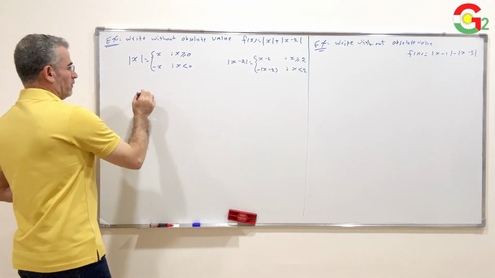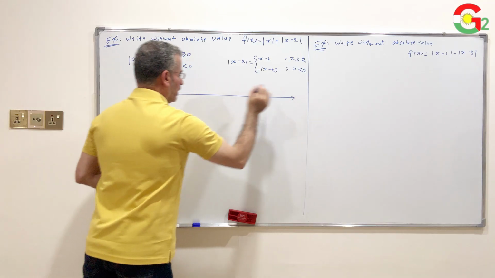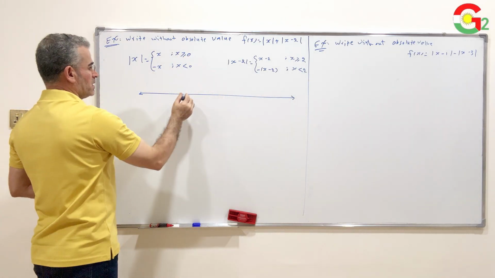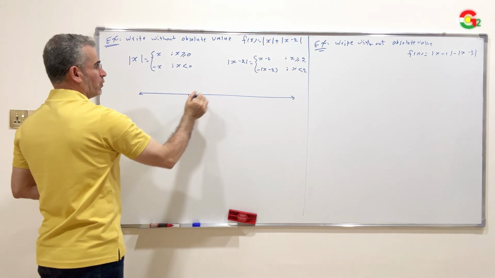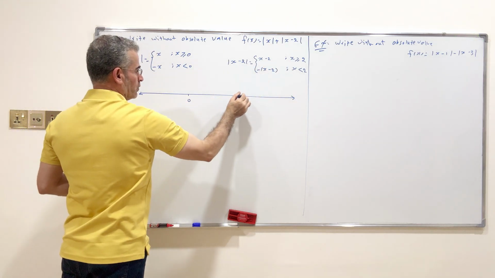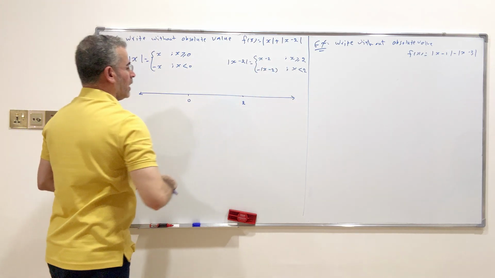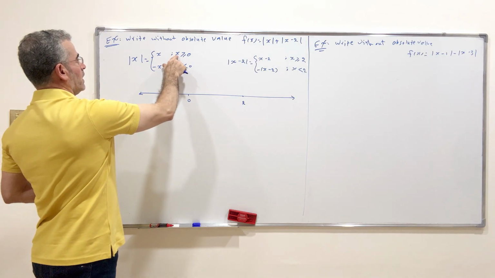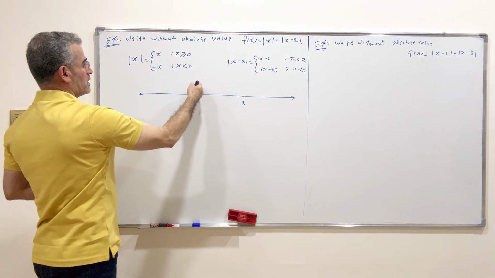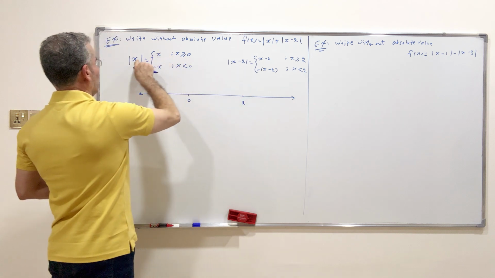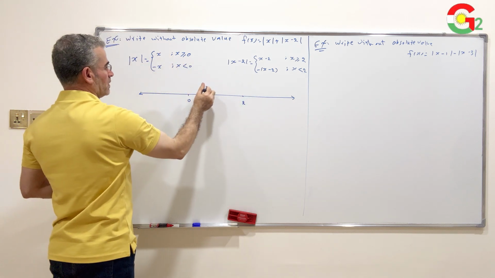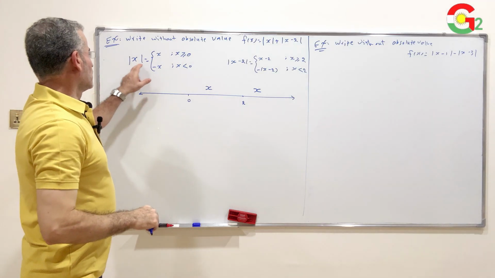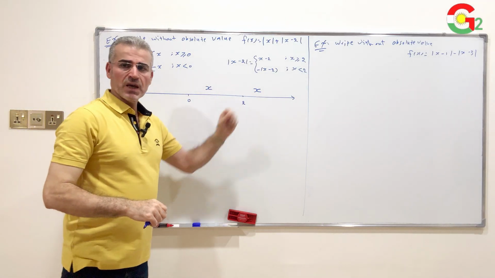Then, if I draw the number line here and set 0 as the joint point and 2 here and distribute this function, when x is greater than or equal to 0, absolute value x equals x, so instead of absolute value, I can write x.